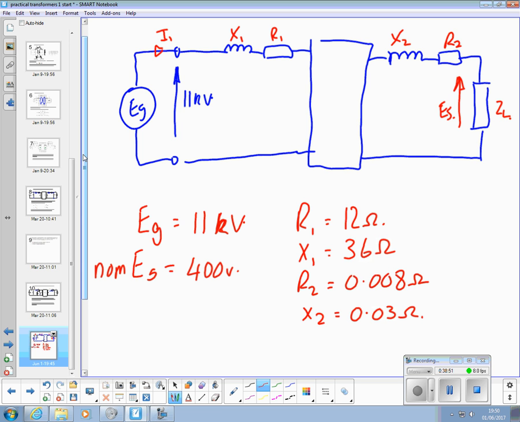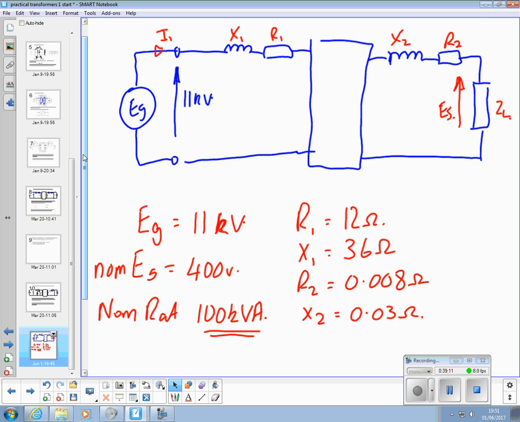So that's an 11 kV down to 400 volt transformer, and a nominal rating of 100 kVA. So those two come from the nameplate. They won't be what you actually get.